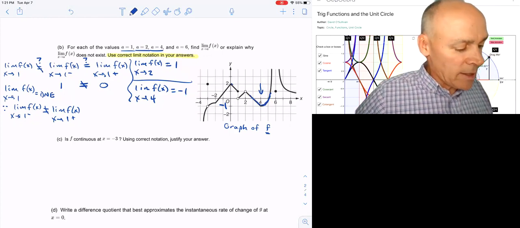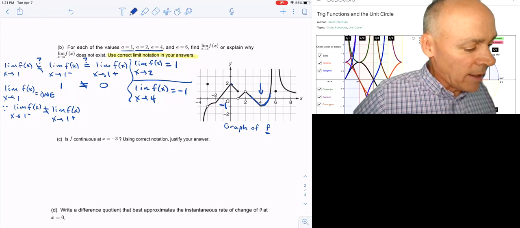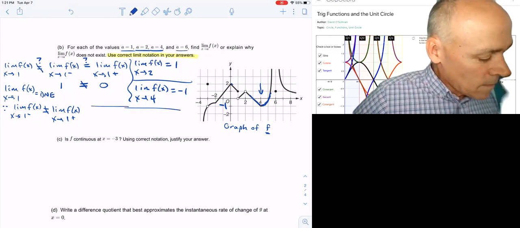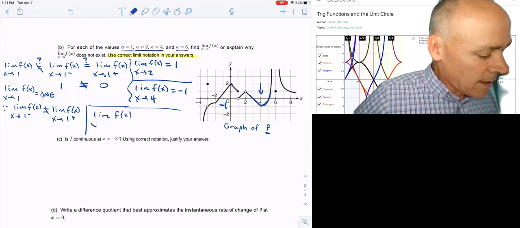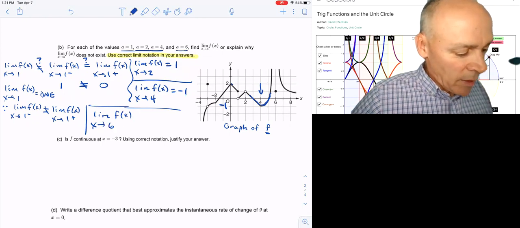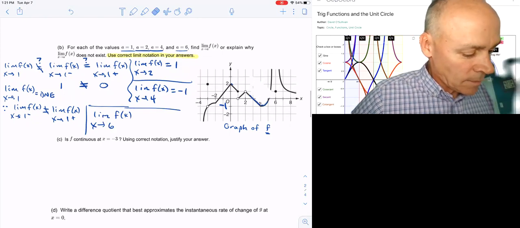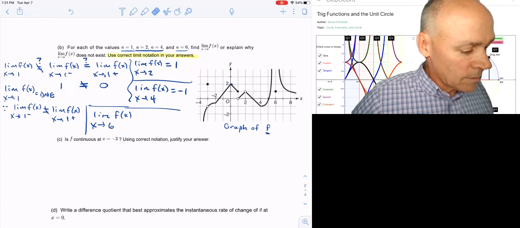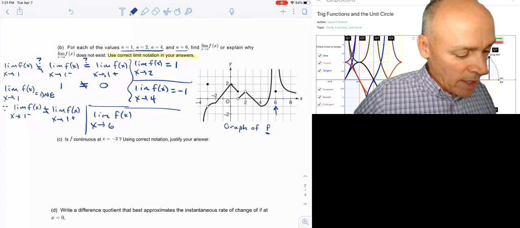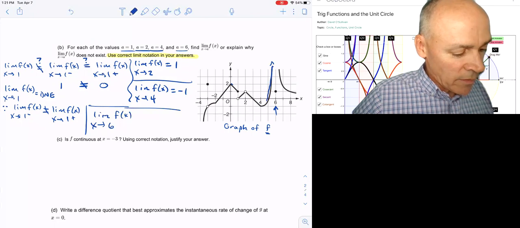And last but not least, as I look at the limit of f of x as x approaches 6. Okay, well now I'm interested in x value of 6. So as I approach 6 from the left, it looks like my function is going to positive infinity.